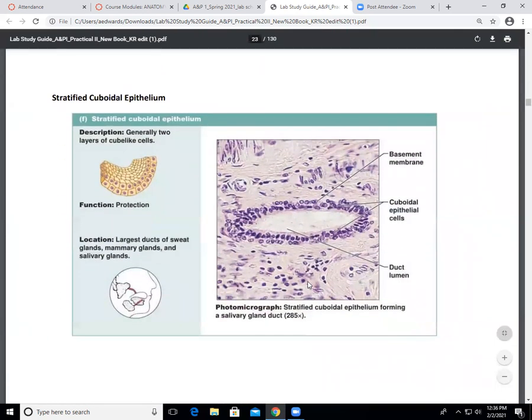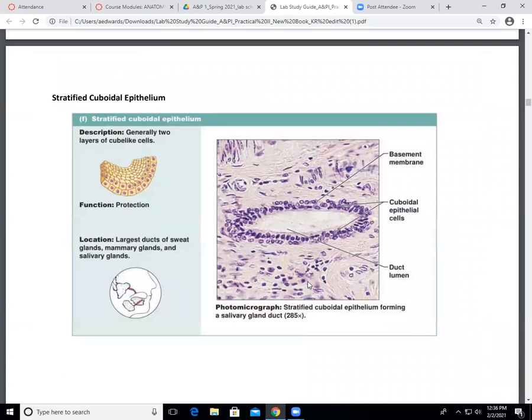All right, you can also have cuboidal epithelium where there's multiple layers involved. Okay, and that would be stratified cuboidal. Okay, so you'll see these, they help with protection. You'll see them in some sweat glands, mammary glands, salivary glands. Again here, these are cuboidal shaped, but you've got at least 2 layers.